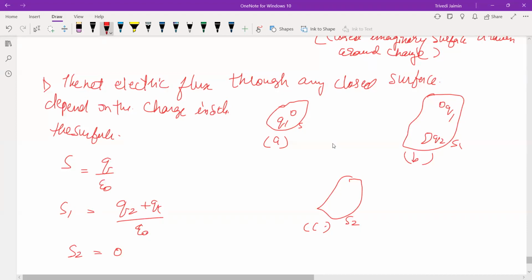So it totally depends on how many charges are there, the net charge. Electric flux depends on total charge inside the surface. So in the first one, it is only Q1. In the second one, we have Q1 and Q2. In the third one, we don't have any charge, so it is 0.